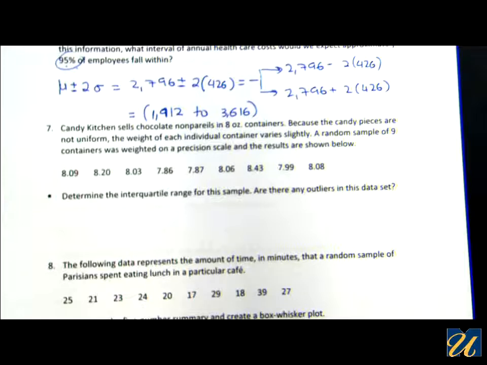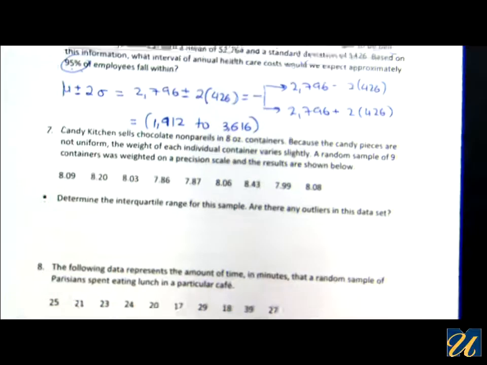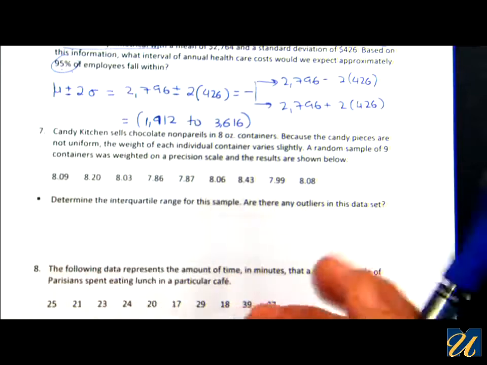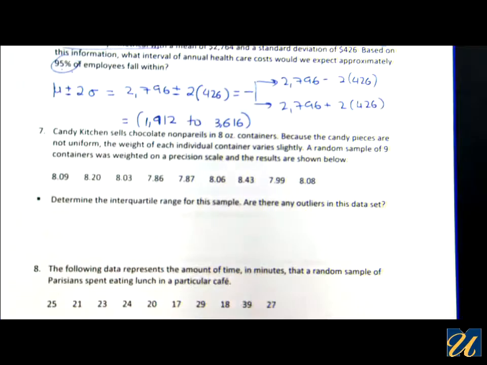Now, problem number 7. Candy Kitchen sells chocolate nonpareils in 8-ounce containers. Because the candy pieces are not uniform, the weight of each individual container varies significantly.